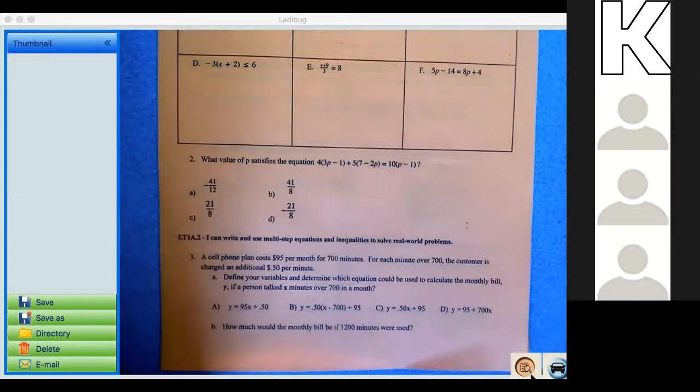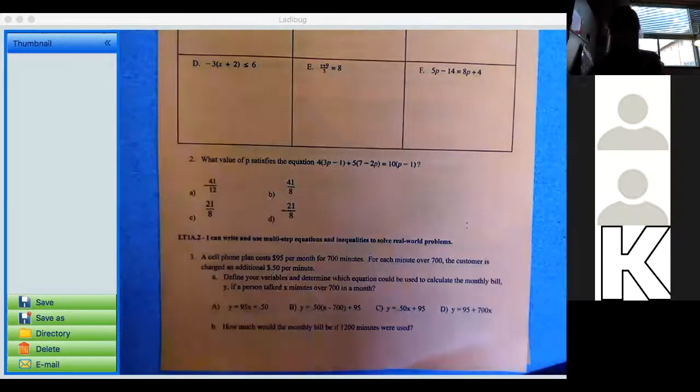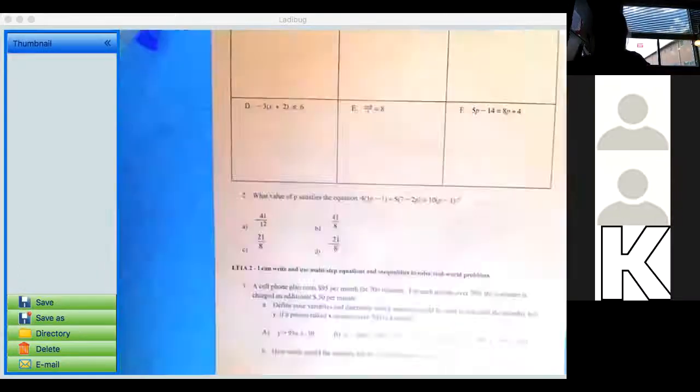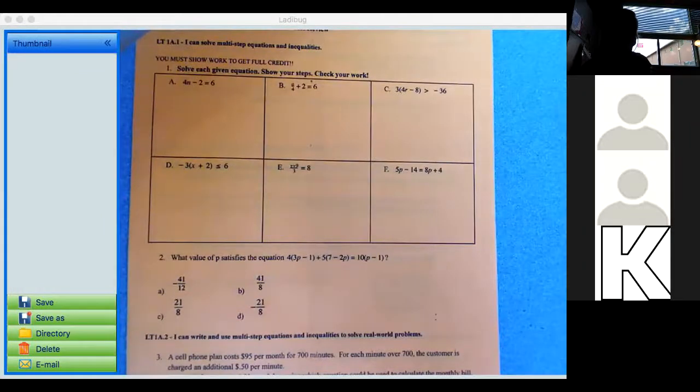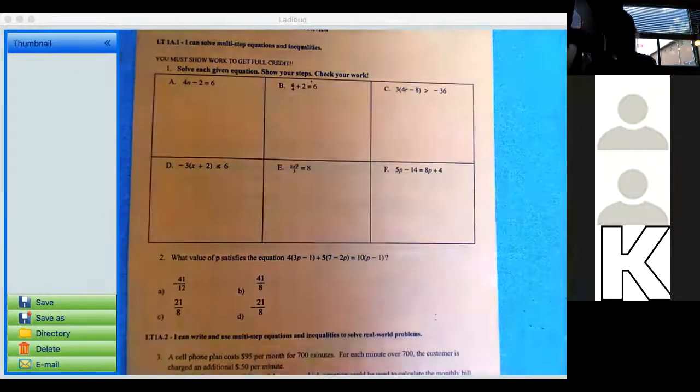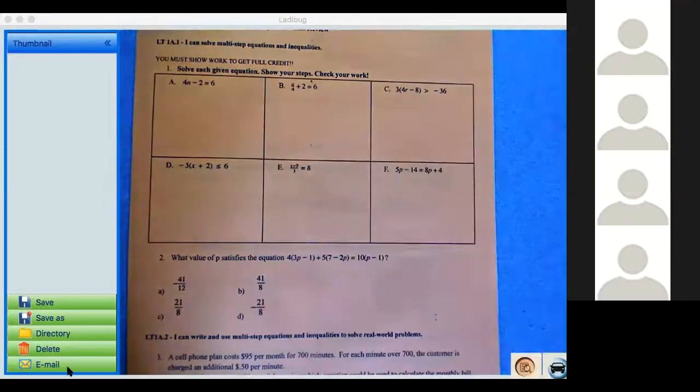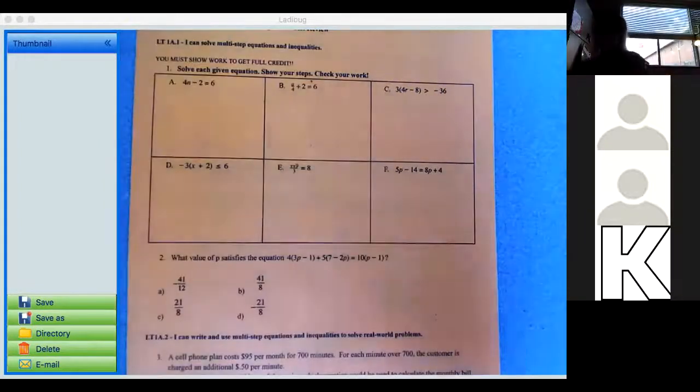Are y'all good if I do 3? Does anybody need 1 or 2? Or y'all just want to check my work? Okay, I'm guessing we're okay with 1 and 2.